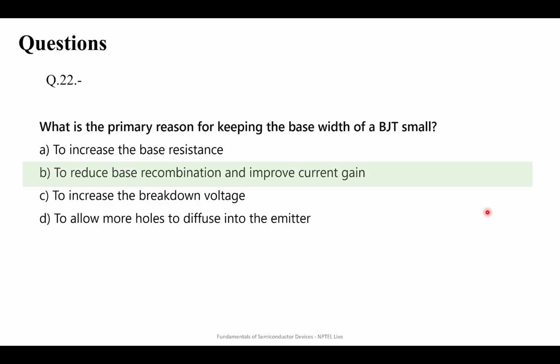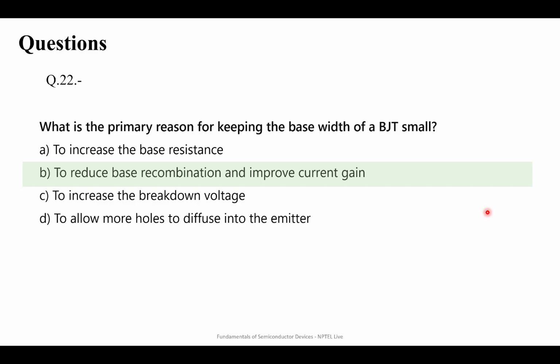So the answer to this is to reduce base recombination and improve current gain. If your base width is very small, your diffusion region will be larger than your BJT base width, and there won't be much place for recombination.